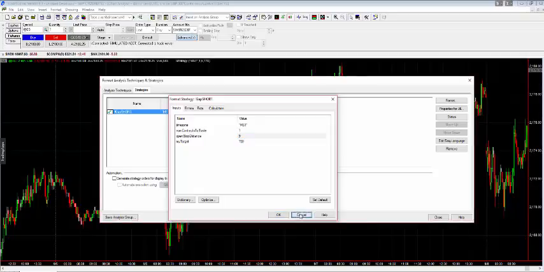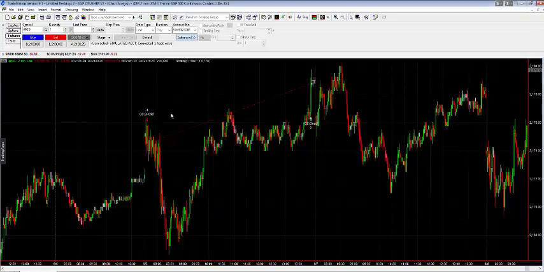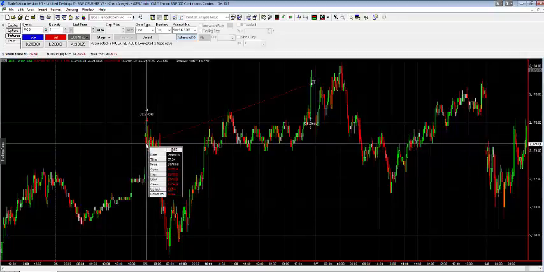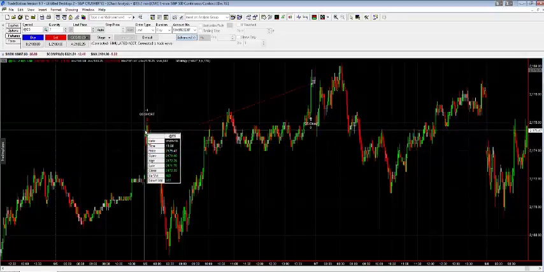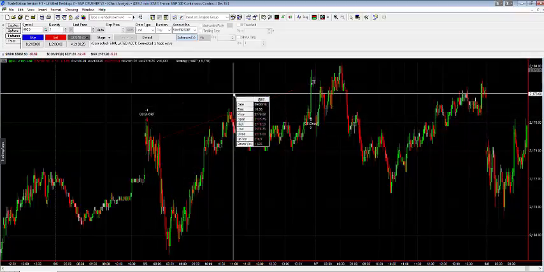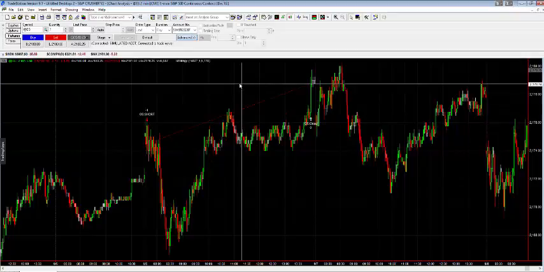And really what this is for the stop, what we do is we take the point of entry and then basically the high of the two previous candles, and then we add 9 points to that. And so that's what our stop is.